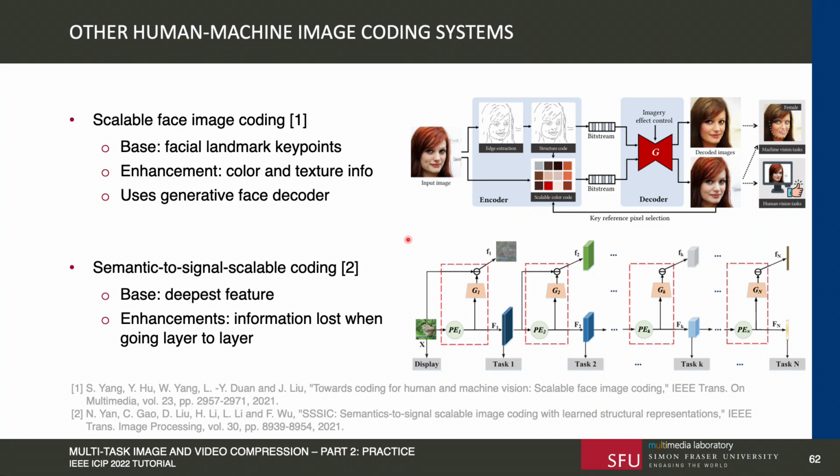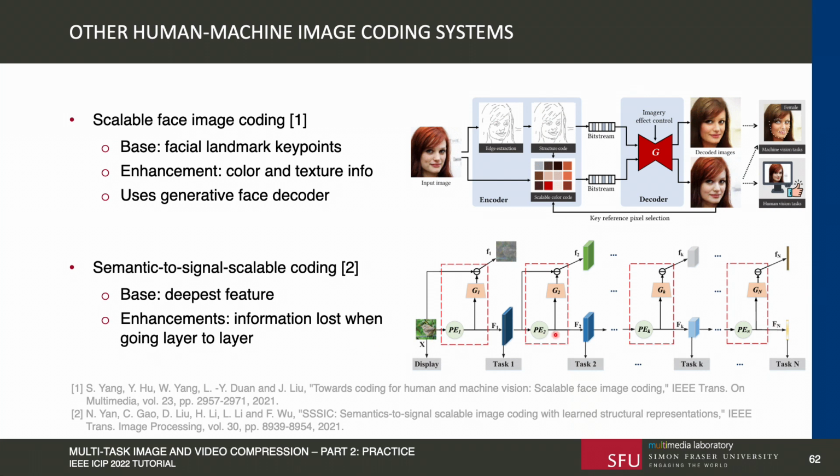Another example from the recent literature is this semantic to signal scalable coding, where it's assumed that there is a kind of deep backbone that accomplishes a certain task, and the example mostly treated in that paper is image classification.